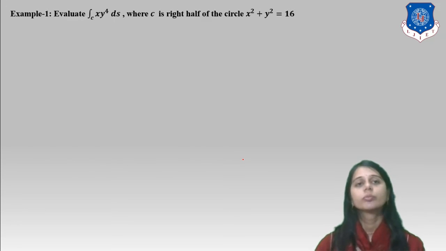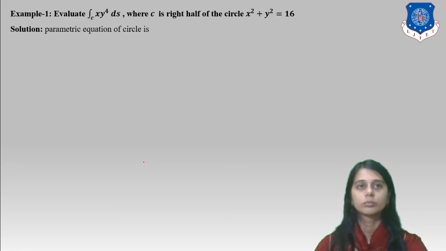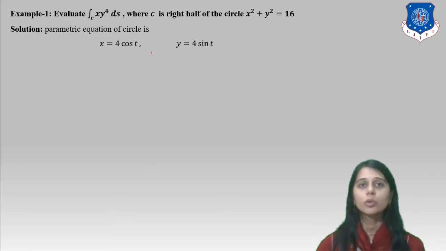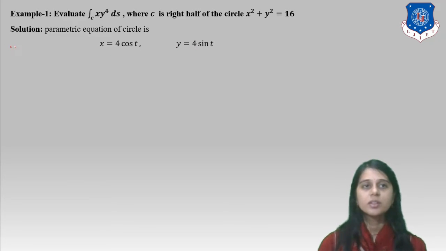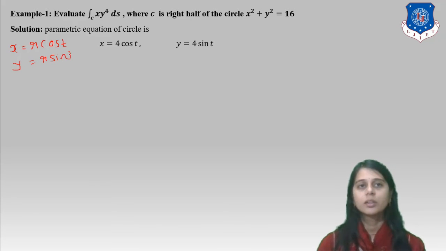Taking an example: the integral over C of x y⁴ ds, where C is the right half of the circle x² + y² = 16. The parametric equation of the circle is x = 4 cos t, y = 4 sin t, because in the table we see that x = r cos t and y = r sin t are the parametric equations of the circle.